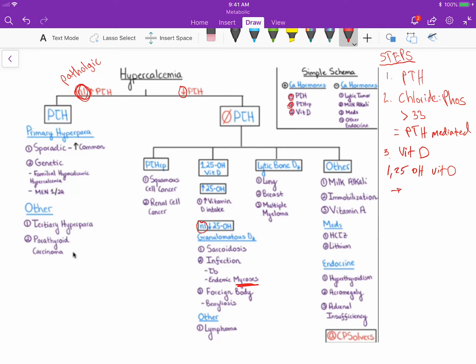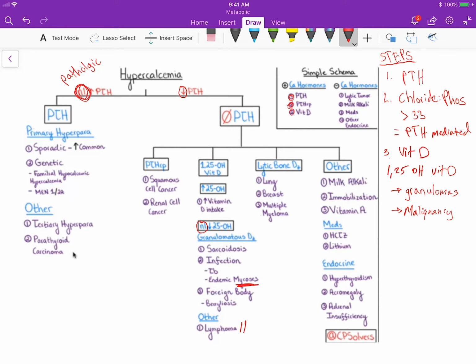and at that point you are considering, like we said, the granulomas, or malignancy. And the typical malignancy to cause this in the absence of bone affiliation is going to be your Hodgkin's lymphoma.